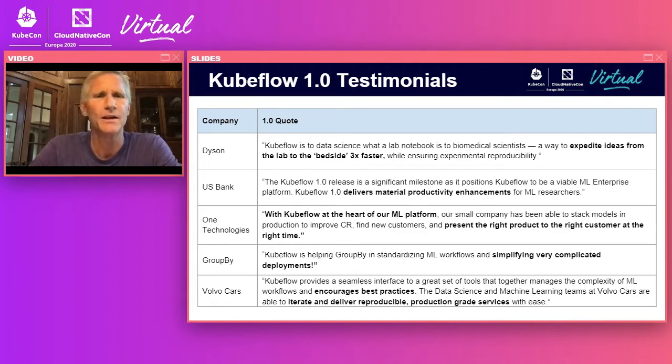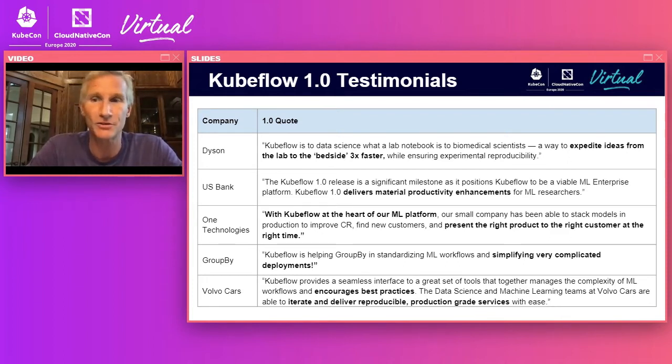That is definitely a very good set of comments from folks. Most of these folks have not been with us since 2017, and many of them probably in the last 6 months have deployed and got benefits out of Kubeflow.